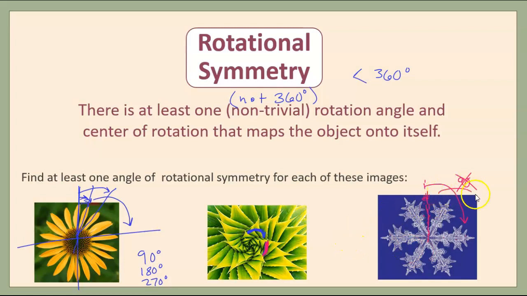But if we rotate it all the way around to 180 degrees, so that the top becomes the bottom, notice this one will move over here, this one will move here, and this one will become here. So this one has a rotational symmetry of 180 degrees.